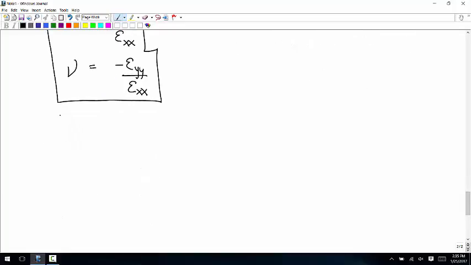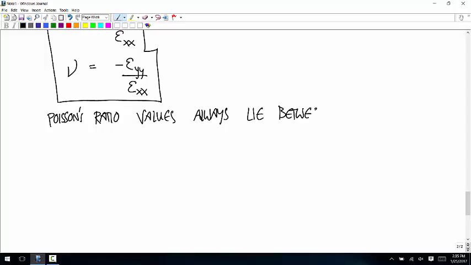Poisson's ratio values always lie between 0 and 0.5, where 0.5 represents a material whose volume stays the same as it's deformed.